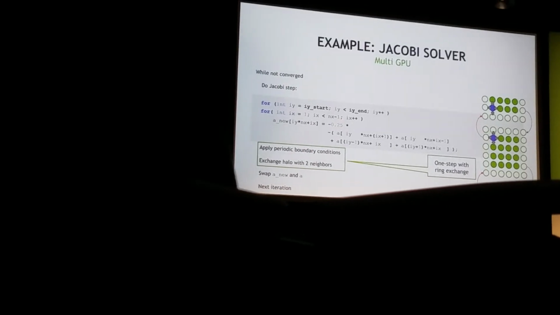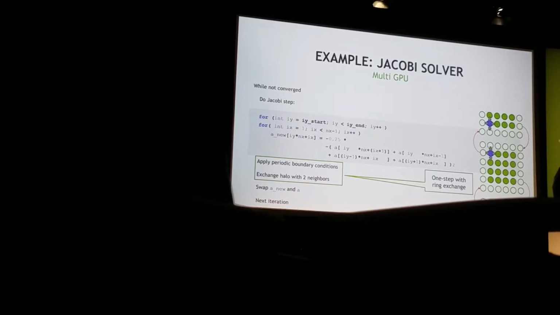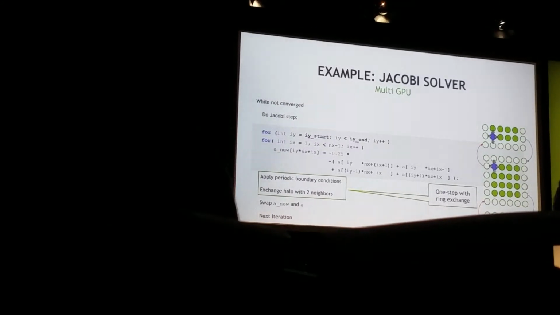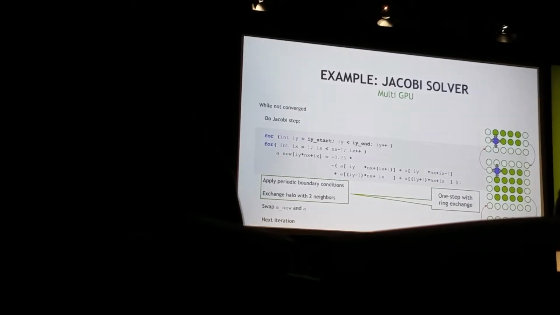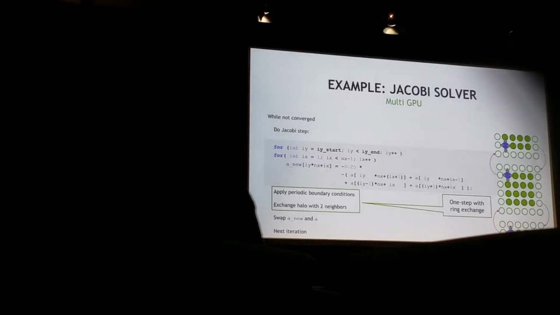These interior boundaries, which we call halos, are replicated across the neighboring GPUs, so that the first inner row GPU i is computing is the bottom boundary of the top neighbor of that GPU.